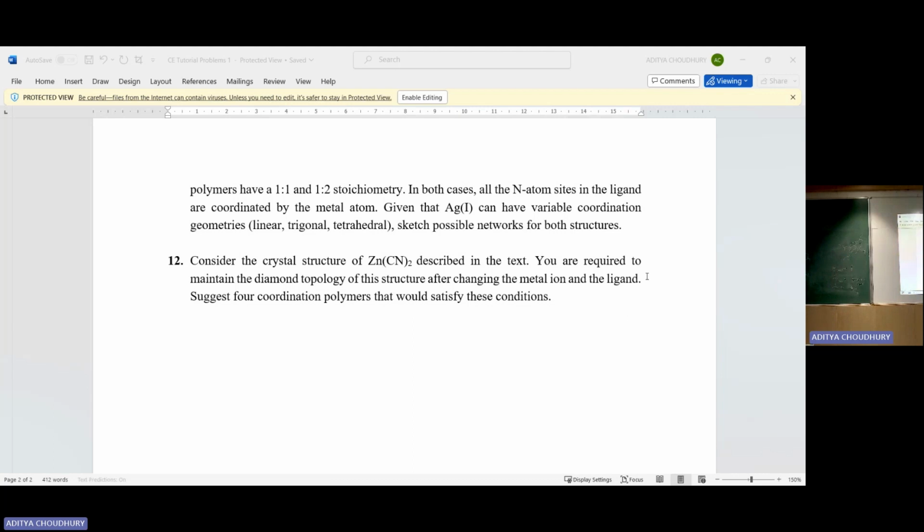There are a lot of metals missing in MOFs. Mostly cobalt, manganese, nickel you can incorporate very easily, but not many iron. Even chromium is very rare.